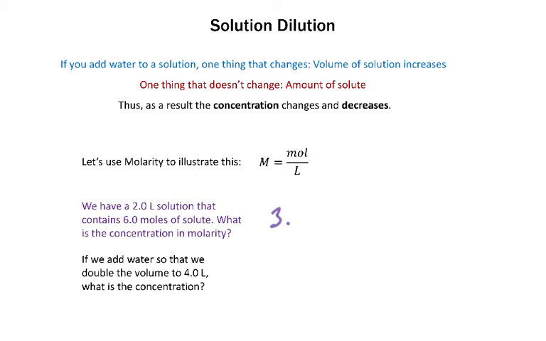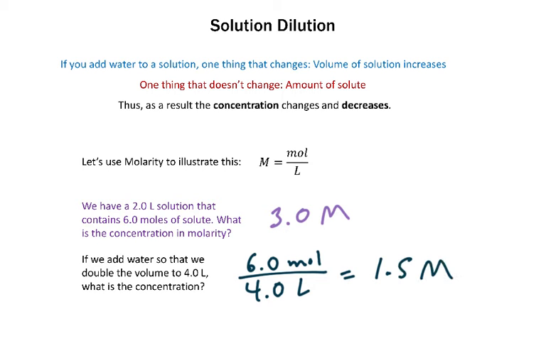Now, if we add water so that we double the volume to 4 liters, what's the new concentration? Well, we still have 6 moles. We haven't changed that, remember? Now we have 4 liters, and so it would be 1.5 molar.